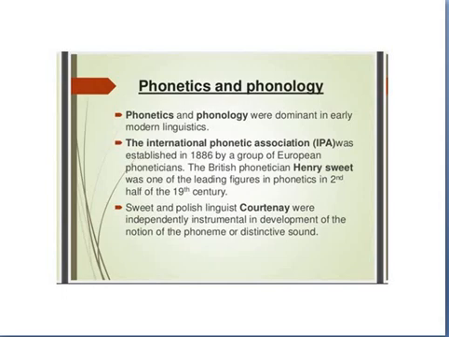The British phonetician Henry Sweet was one of the leading figures in phonetics in the second half of the 19th century. Sweet and the Polish linguist Baudouin de Courtenay were independently instrumental in the development of the notion of the phoneme, or distinctive sound.